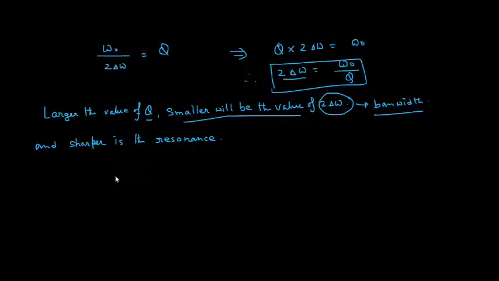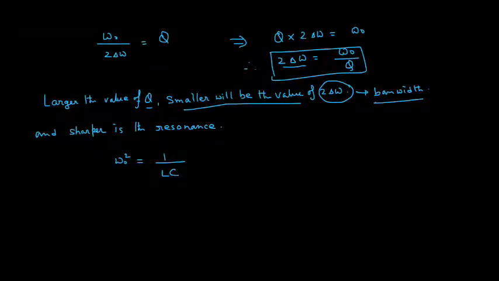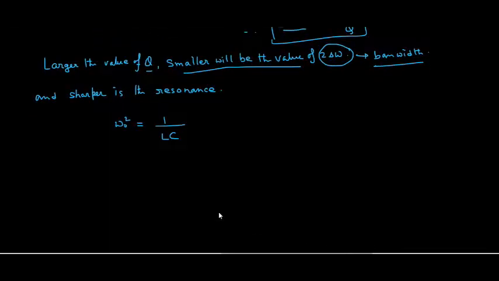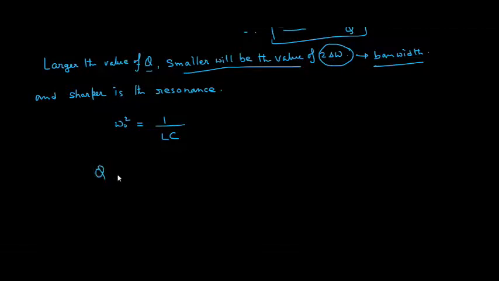Now we know omega naught square is equal to 1 by LC. So from this equation, we can derive Q is equal to 1 upon omega naught CR.